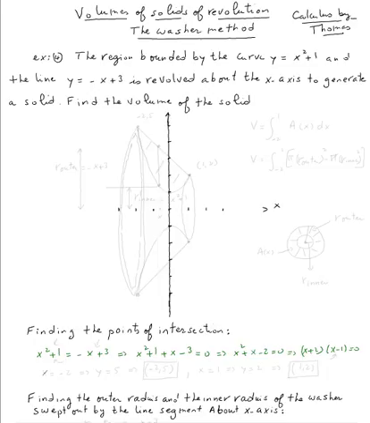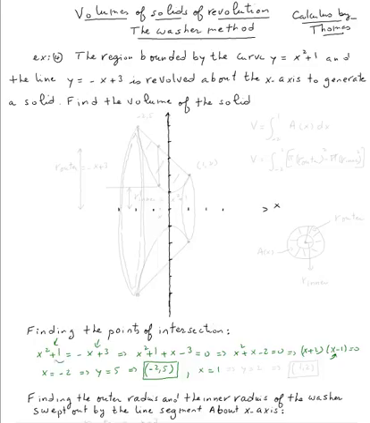Now when x is equal to negative 2, we need to find the y value. You can plug it into either equation, it doesn't matter. If you plug it into x squared plus 1, negative 2 squared plus 1 is 5. So my first point of intersection is negative 2, 5. The second one is x equals 1.